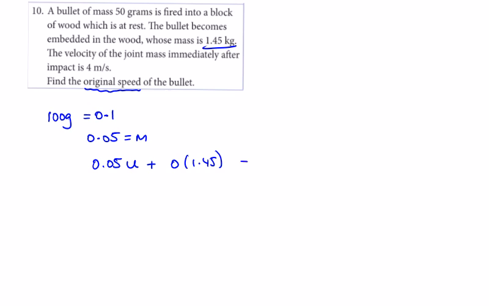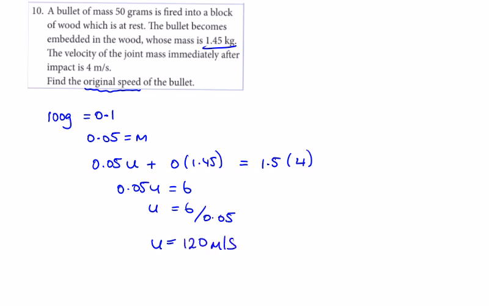So afterwards we have 1.5 is the total mass, and it's going 4 meters a second. So we're going to get 0.05 u is equal to 6. u is equal to 6 divided by 0.05. Well, there's 20 of them in 1, so 6, there's going to be 120 of them. So u is going to be equal to 120 meters per second.